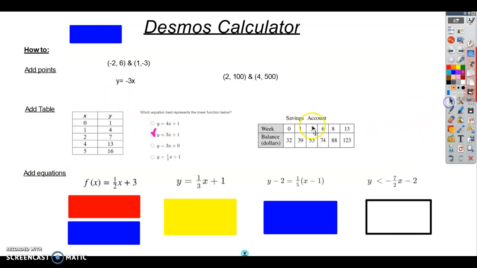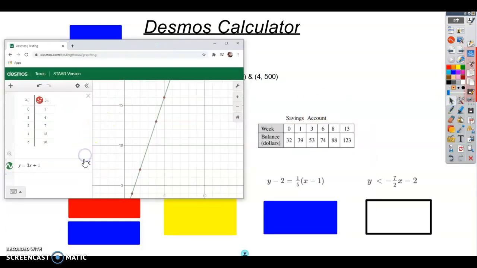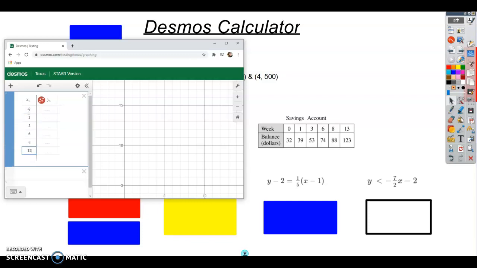Then I can also add a table that looks like this. So, even though it's sideways, I can still add it, right? So I can say add a table. And my x's go first. That's the number of weeks. So 0, 1, 3, 6, 8, and 13.